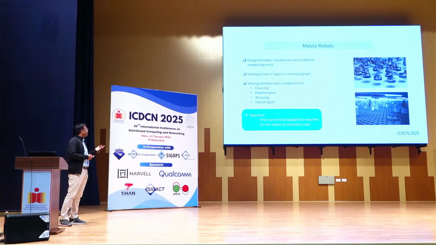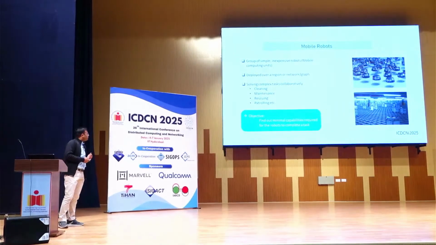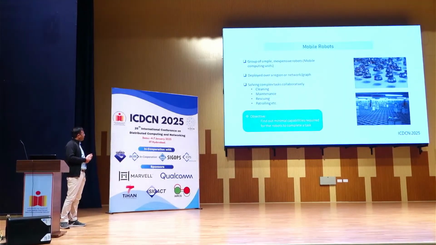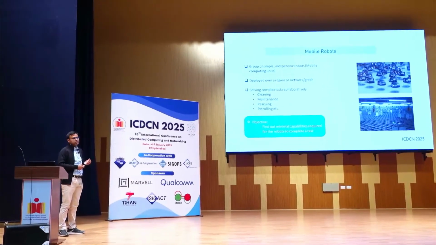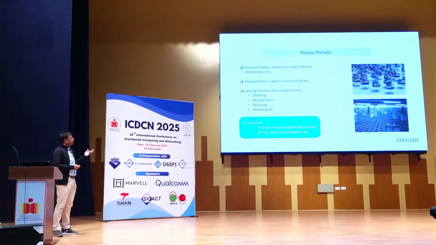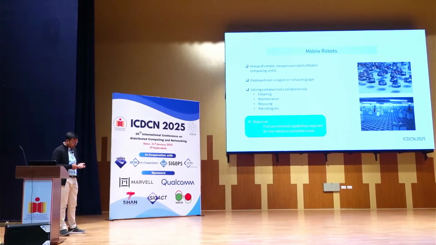For example, maintaining some network, or rescuing, or security purposes, or patrolling some region, or cleaning. In this line of research, the main goal is to find the minimum capabilities these robots are required to complete a certain task.